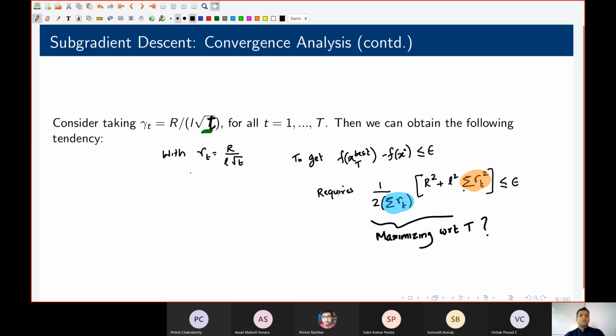So what does that give you? Okay. So instead of saying maximizing, it's not exactly maximizing with respect to t. I mean, the spirit is the same, right?